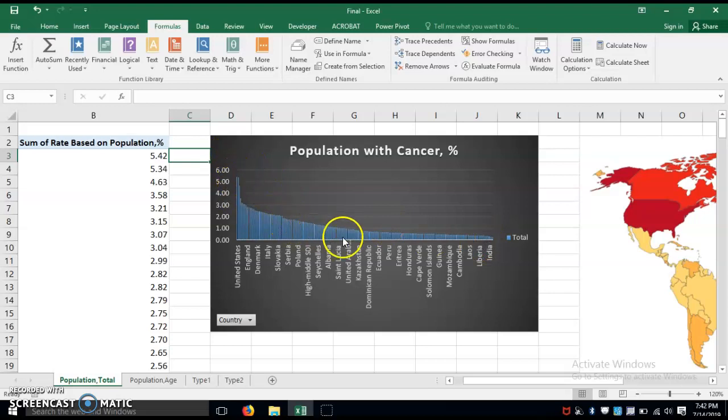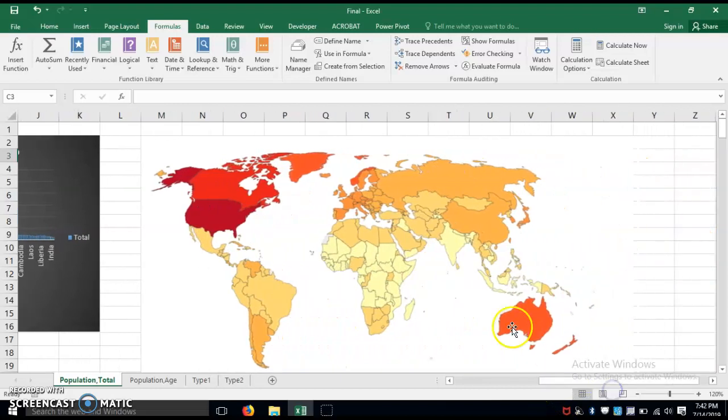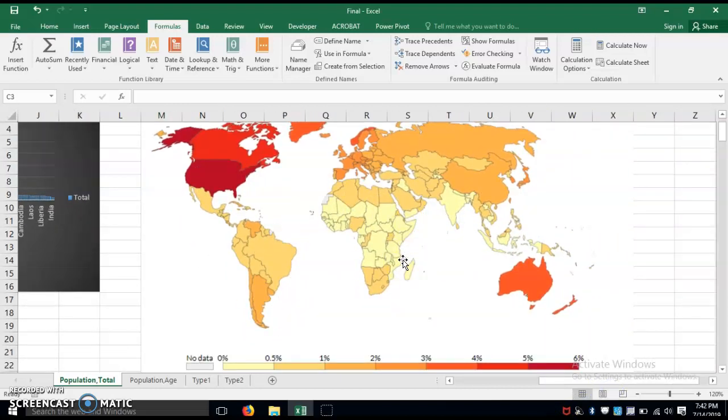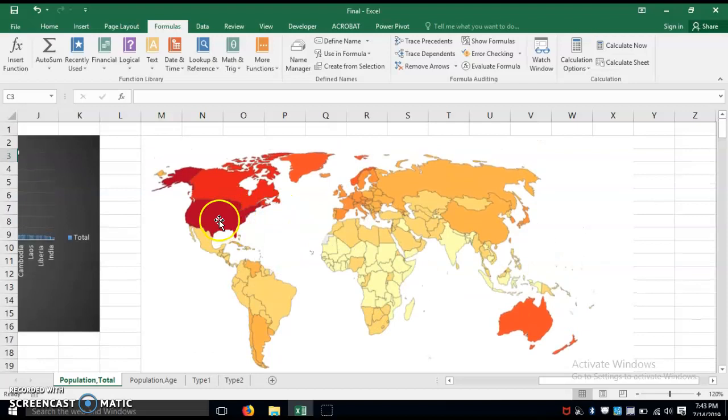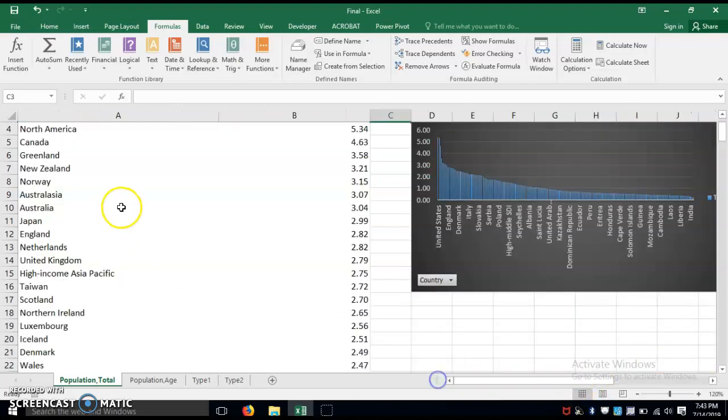Also, here is the map that shows countries having the highest rate of cancer marked red and dark red, and here we have the United States, between 5 and 6%, which is basically true.